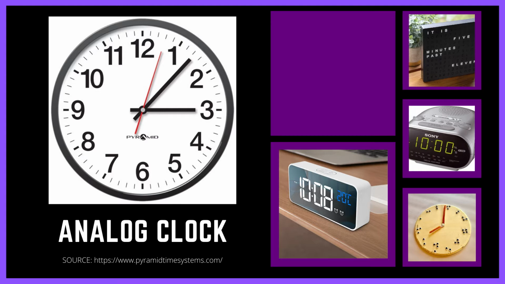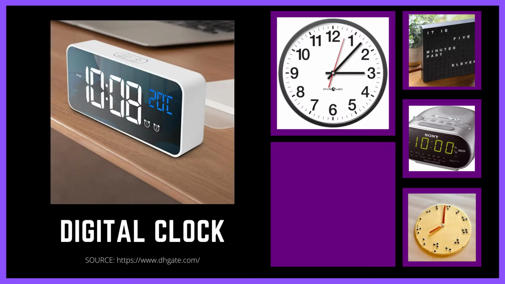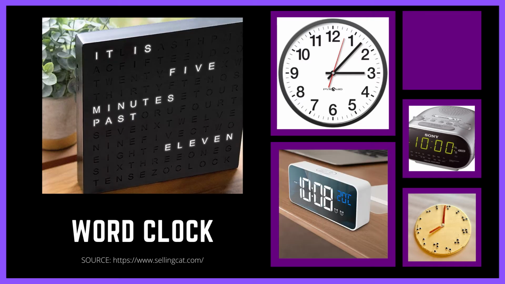Second, we have a digital clock. This one shows actual numbers on display, which we may consider precise and reliable. Third, we have an electronic word clock, which does not use numeric display, but instead writes natural sentences on the screen.